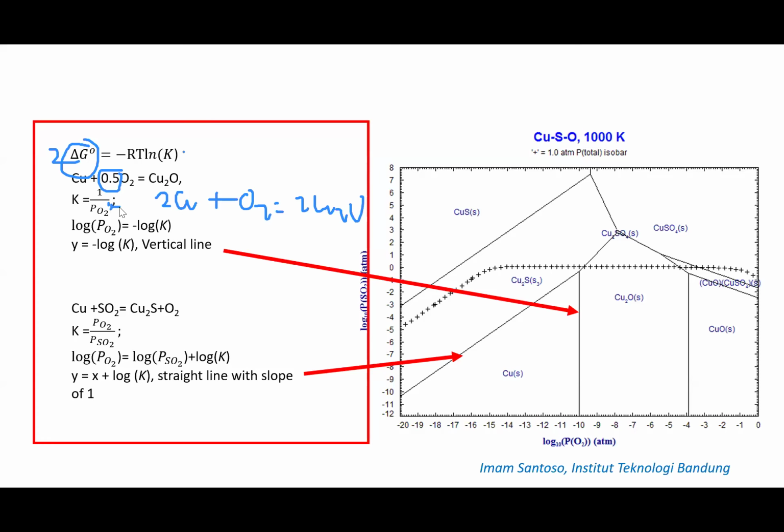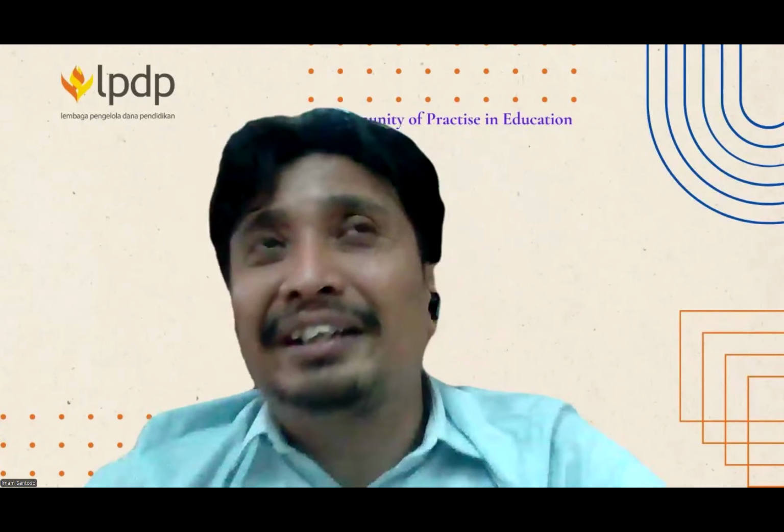So mathematically it will cancel each other. Although it changes the energy term, the pressure power will be different. If you multiply it by 2, then the power of PO2 will increase, so it will cancel each other. Does that answer your question, Angel? Yeah, that answers my question. Thank you.